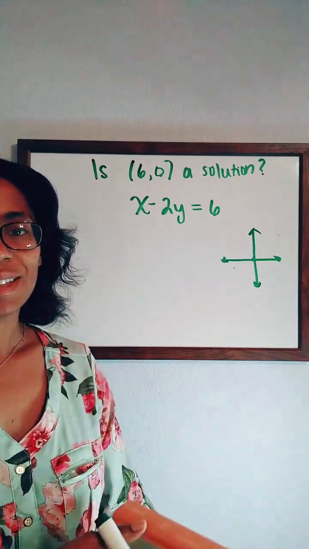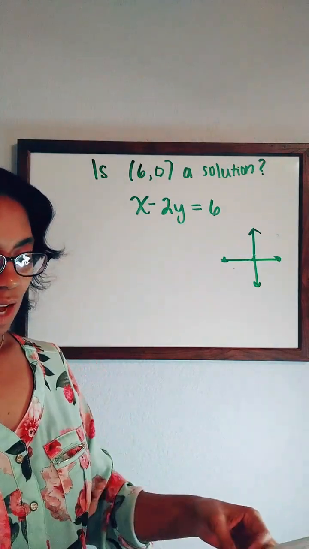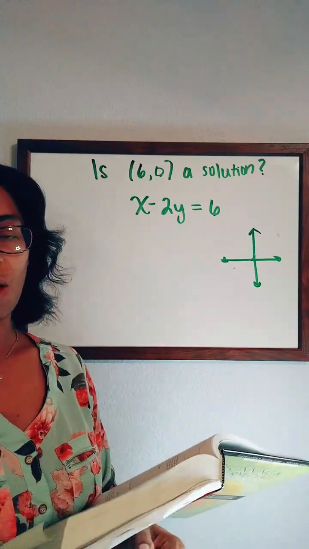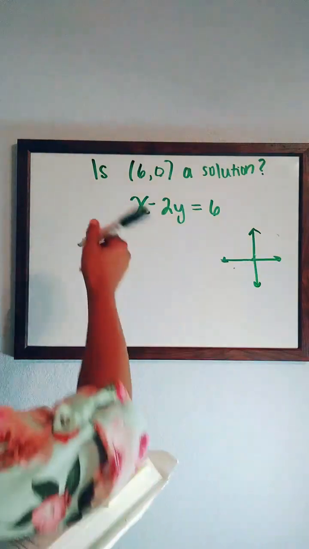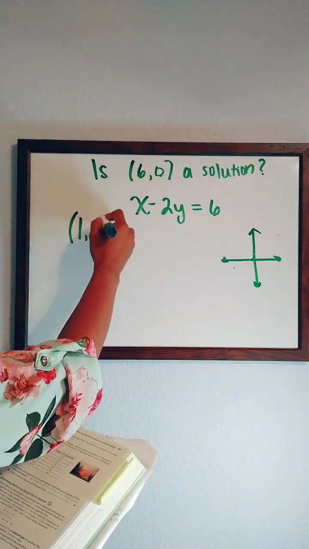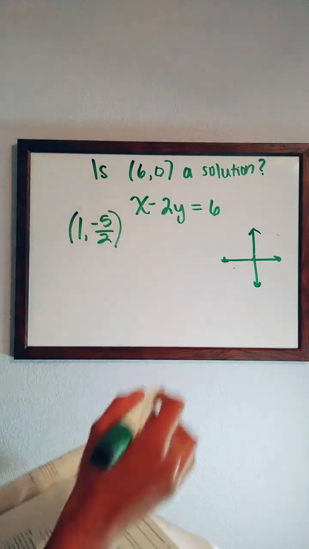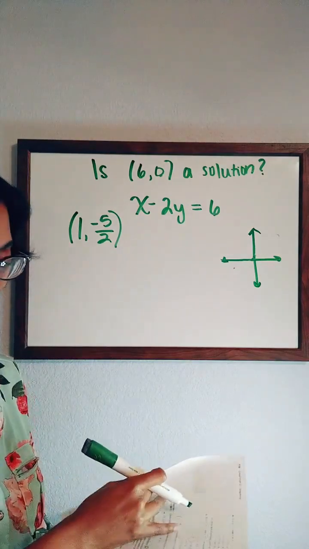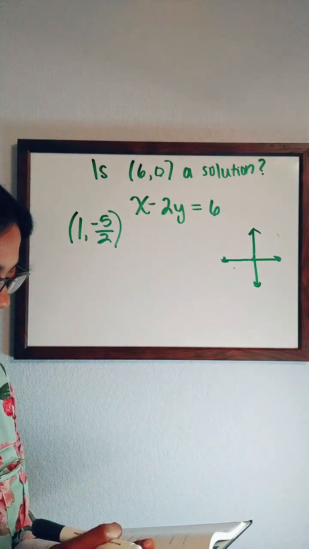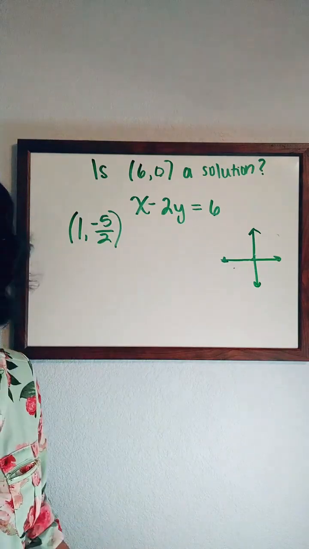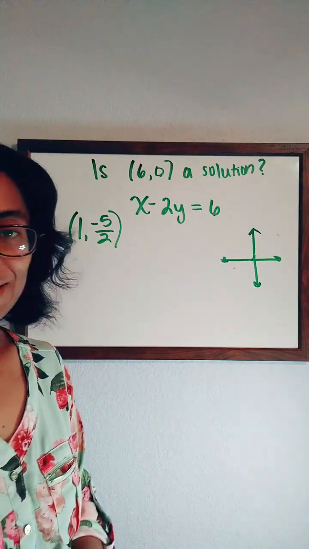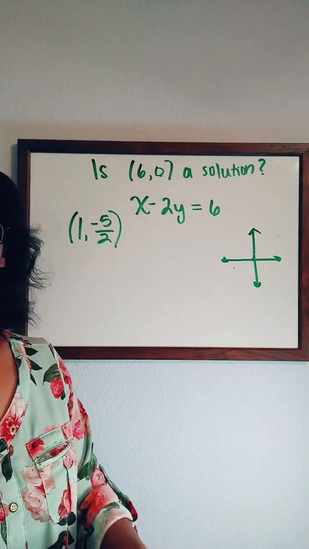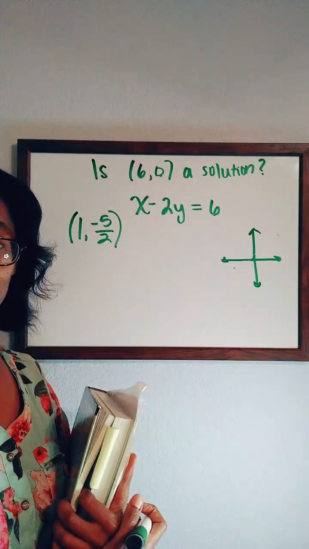Now I'm going to throw y'all a little razzle dazzle in here, and we're going to do a fraction. So I want you to check this one for me as well, because we are so advanced at this point, right?